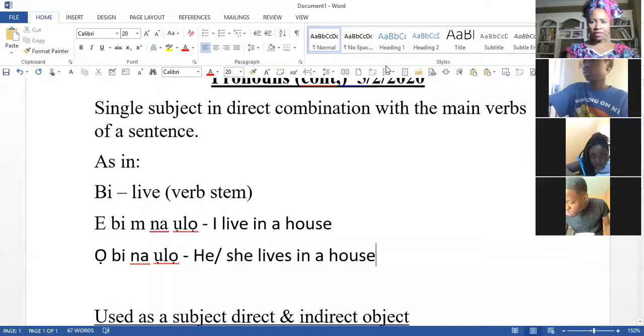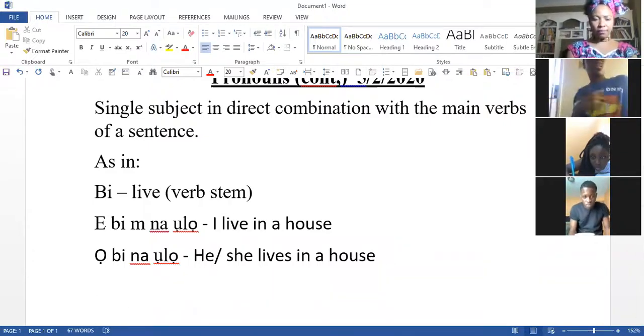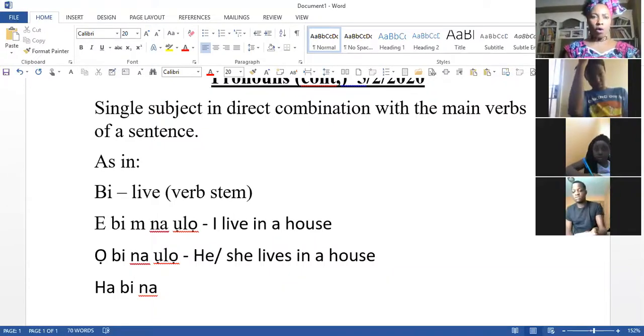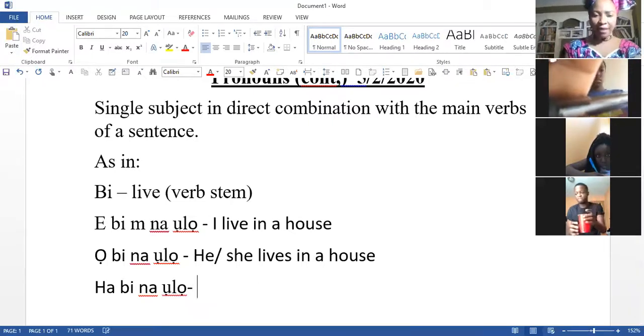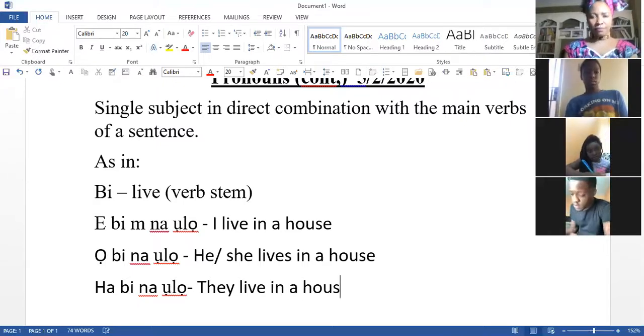When you want to say they live in a house, Ha bi na ụlọ. Ha bi na ụlọ means they live in a house.